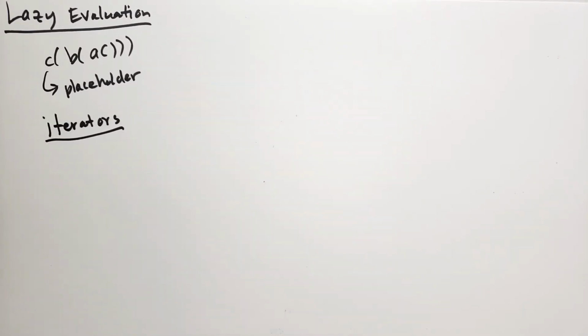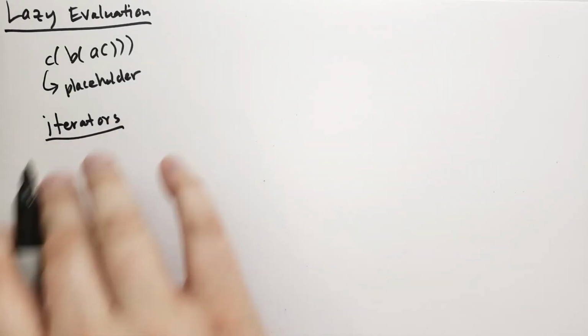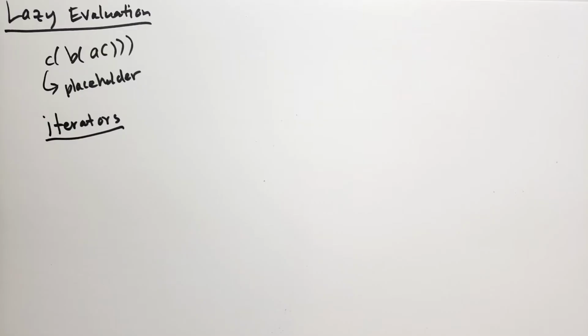If 2 functions are called to generate the result, but they're not dependent on each other, you can call them in parallel or out of order or whatever you want to do. Many of those things can happen, including the memoization too, right? So you can memoize the result and only call it exactly once, right? So iterators are an example of lazy evaluation in Python. And I'm going to give you some more examples here as we go through the lambda expression and some of the built-in functional functions.